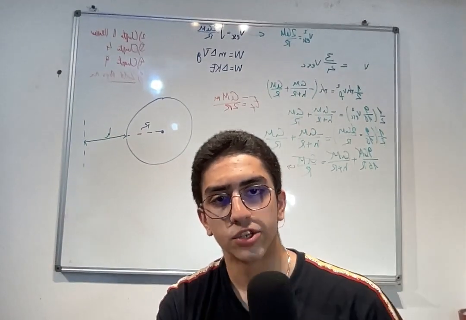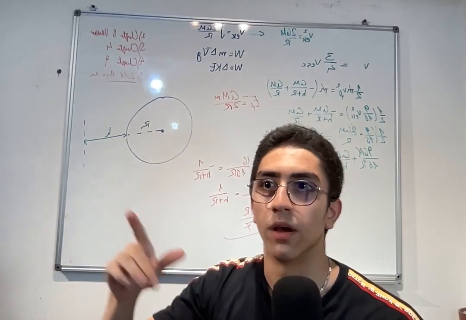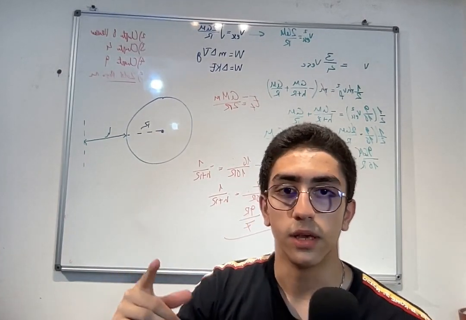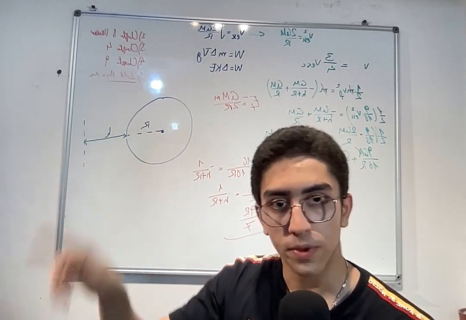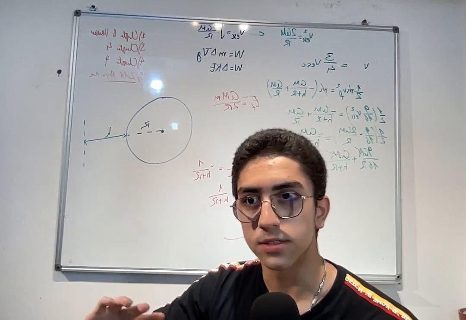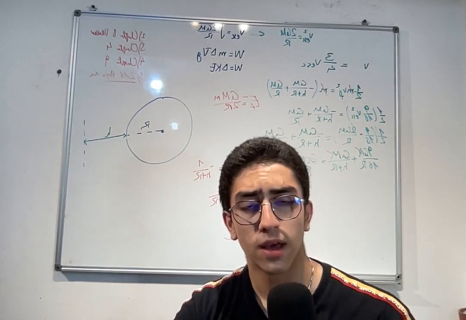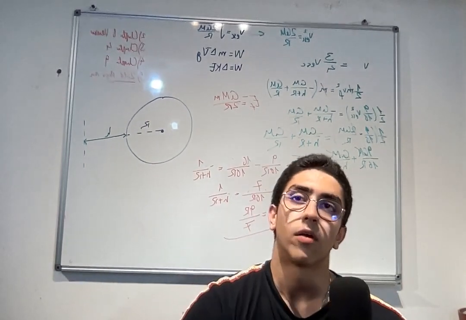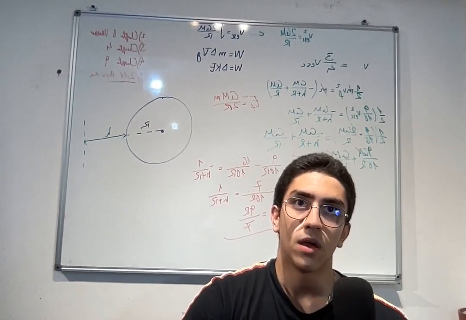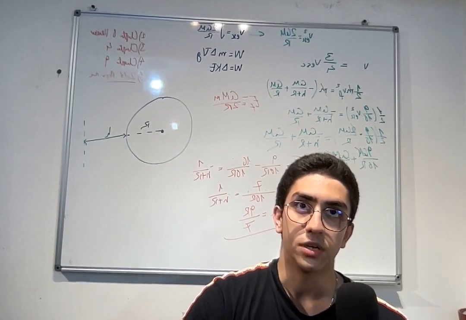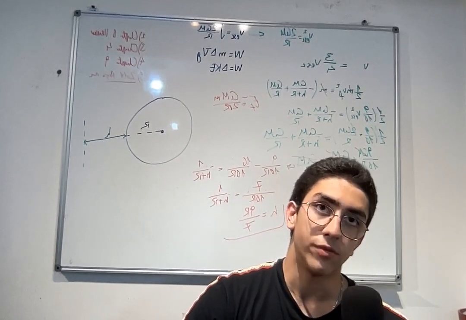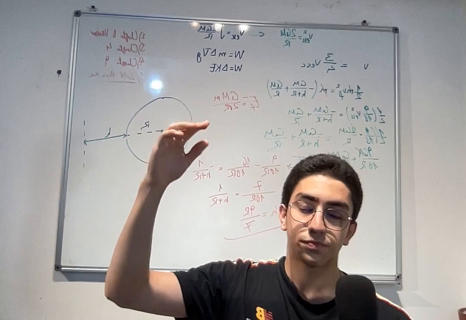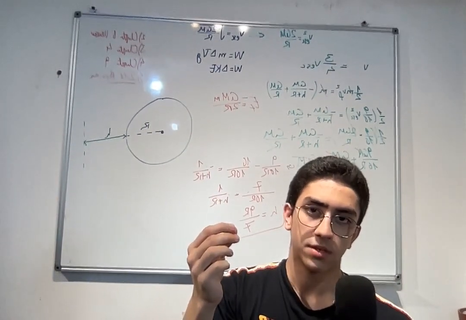But for this question, you have to imagine the probe in orbit around the planet as somewhat similar to an electron orbiting a nucleus. If you imagine it that way, if the energy of the electron decreases, it will come closer to the nucleus.